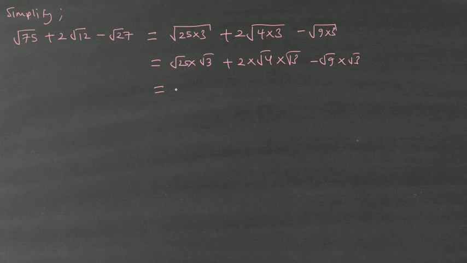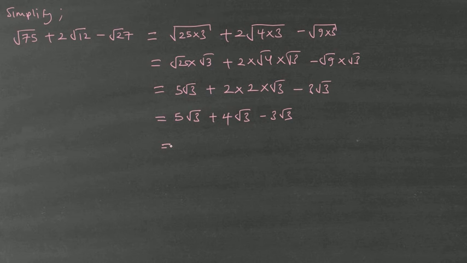And this gives me square root of 25, which is 5 root 3, plus 2 times square root of 4, which is 2 times root 3, minus root 9, which is 3 root 3. So when we simplify further, this will be 5 root 3 plus 4 root 3 minus 3 root 3.